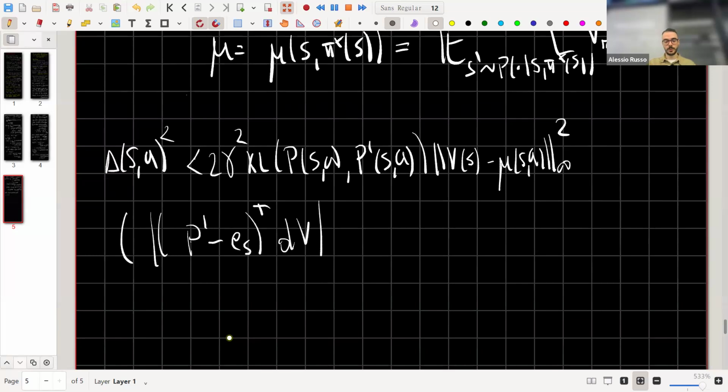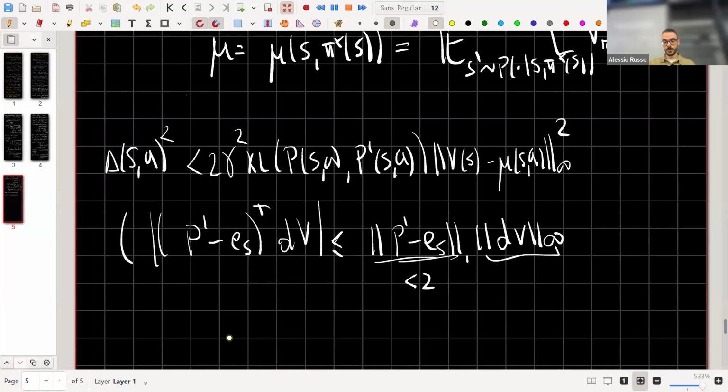So when you take the absolute value, this is upper bounded by the L1 norm of this guy times the infinity norm of dV. This quantity here is upper bounded by 2 in L1 norm, and this quantity here, we found the upper bound before.